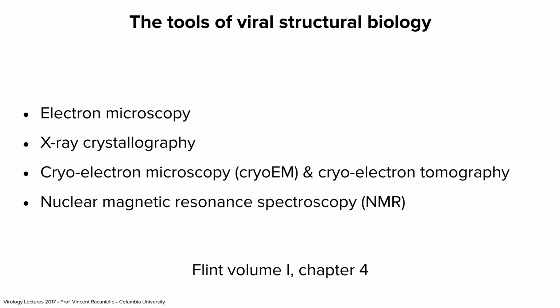Cryo-electron microscopy, cryo-EM, we'll talk about that today, and nuclear magnetic resonance, or NMR. I'm going to talk about X-ray crystallography and cryo-EM mostly, a little bit about electron microscopy. If you're interested in learning more, Chapter 4 in the textbook deals with that.